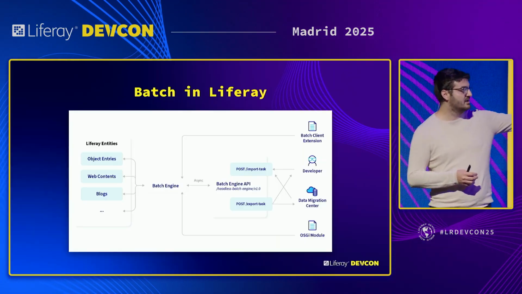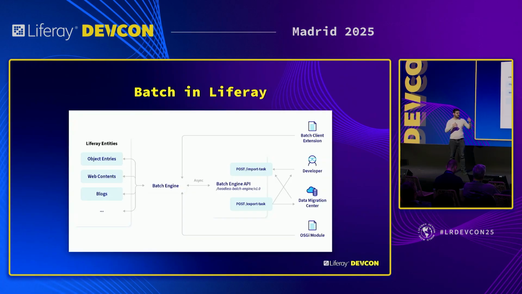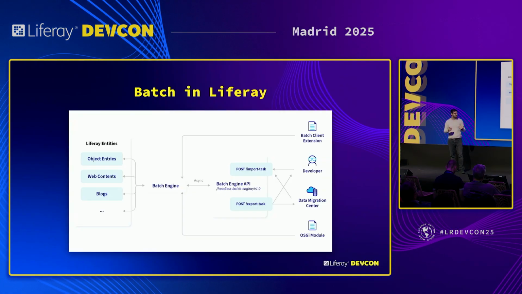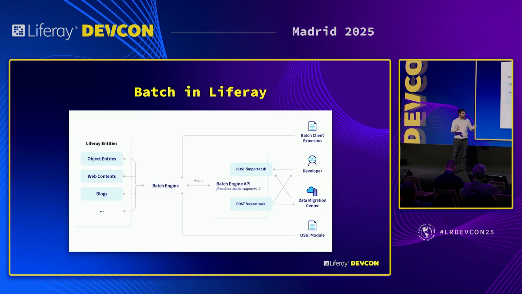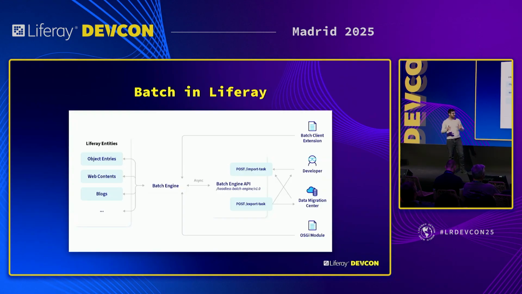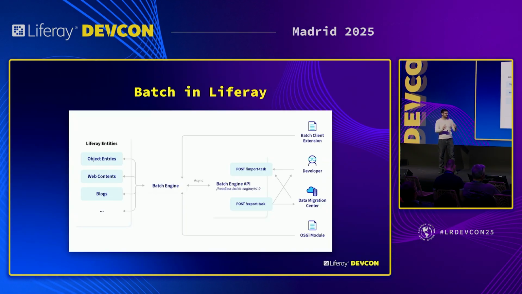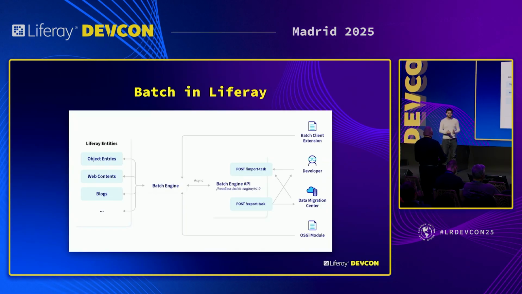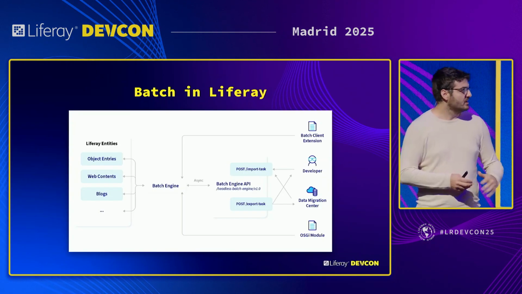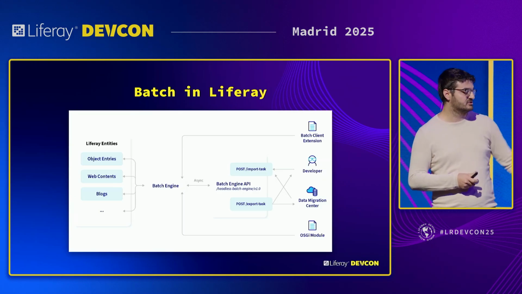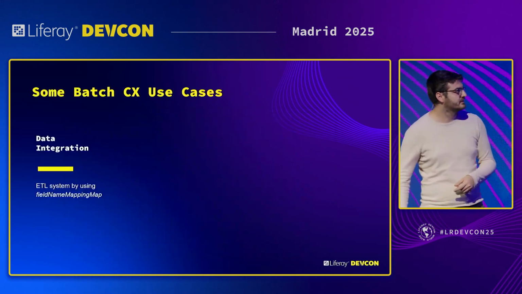We have the batch engine API, where we can work directly with it to import and export everything that we need, or through the data migration center. That's a feature flag that you have to activate, but you can activate it in your non-production environments just to export there. We also have the chance to use it through the OSGi modules and also the batch client extension, and that's what we are talking about today.